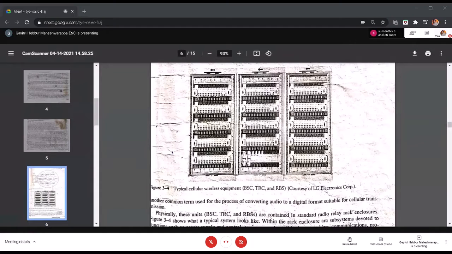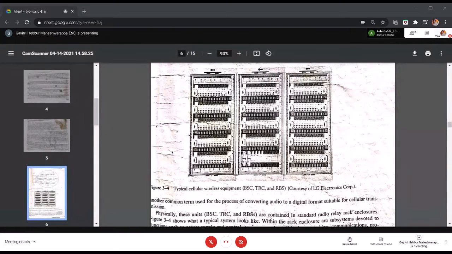Similarly, the TRC. Each radio base station is connected to the PSTN through the TRC for rate adaptation. It looks like racks of boards that are connected. On those boards, many ICs are placed on the printed circuit board, the PCB, and there it does its operations. What exactly does it need to do?